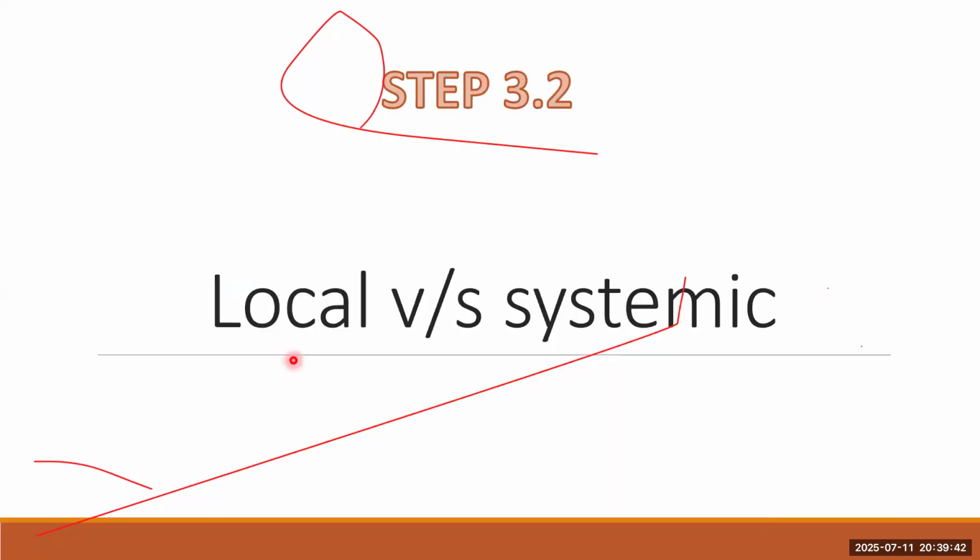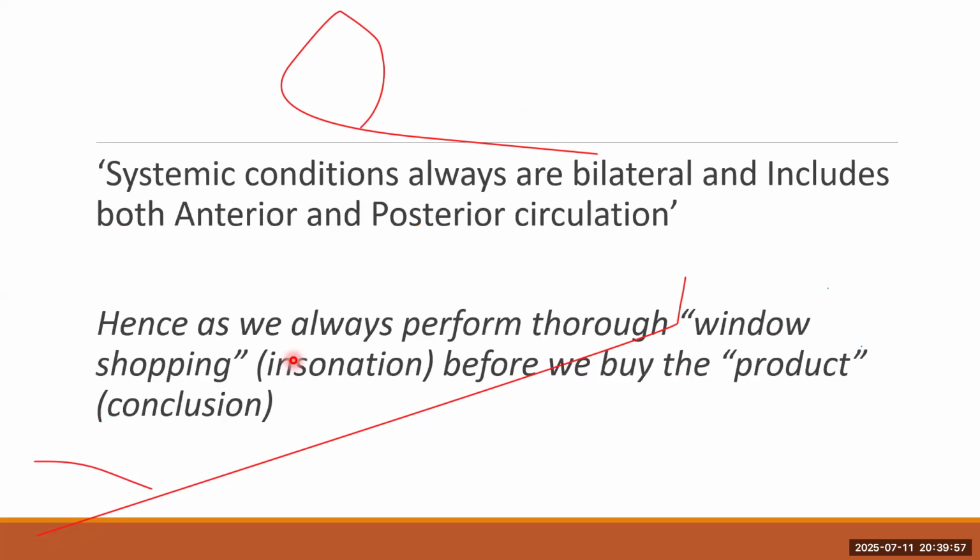Once we identify the waveforms, the artifacts, the velocities and the flow acceleration, we need to differentiate whether the waveform is due to a local issue or a systemic issue, because both local and systemic hemodynamic effects can impact the TCD waveforms. Systemic conditions are always bilateral and include both posterior and anterior circulation.